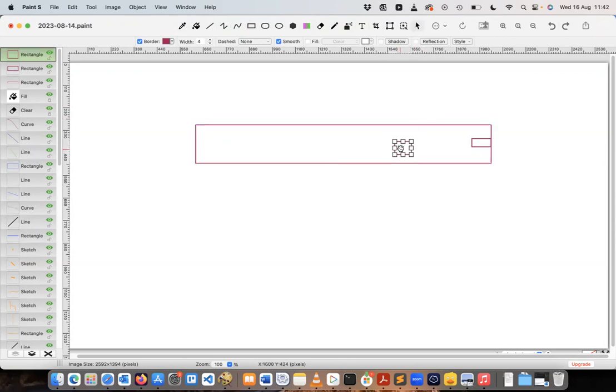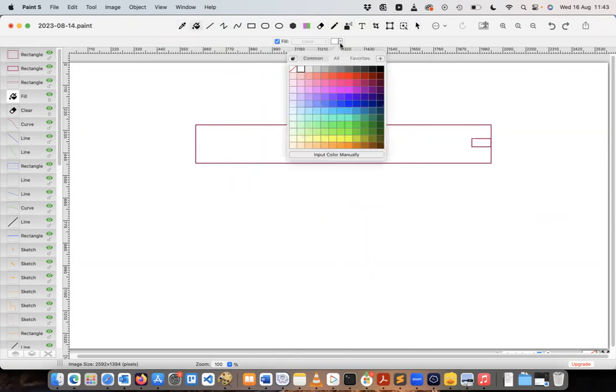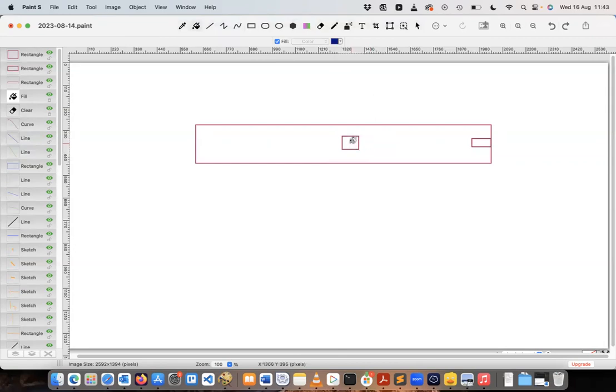So let's just set it back a bit. So we have our petroleum that has spilled at this point. So let's just do the spill there.